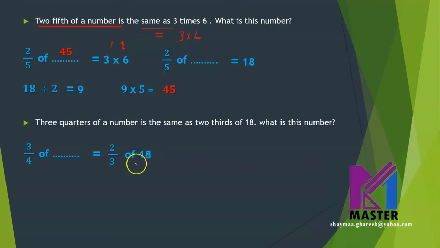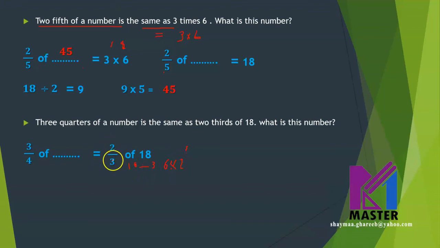So 18 divided by 3 equals 6. Now I will multiply the 6 by 2, which is the number up.